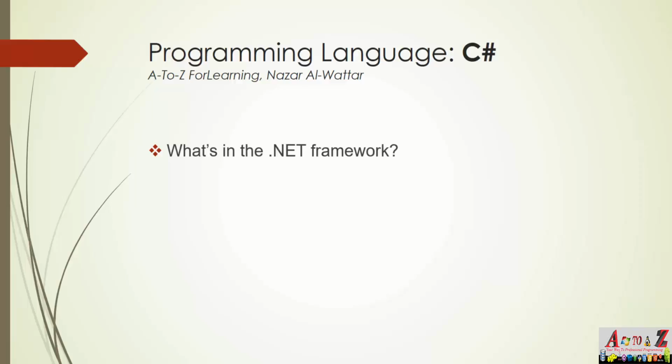Also, we have learned that this part is called the Common Type System, which is the CTS. Another part of this library is called the Common Language Runtime, or CLR. This part is responsible for supporting your code or your application through the runtime period. It will support your application until you get the result or the error if there is anything wrong with your code.